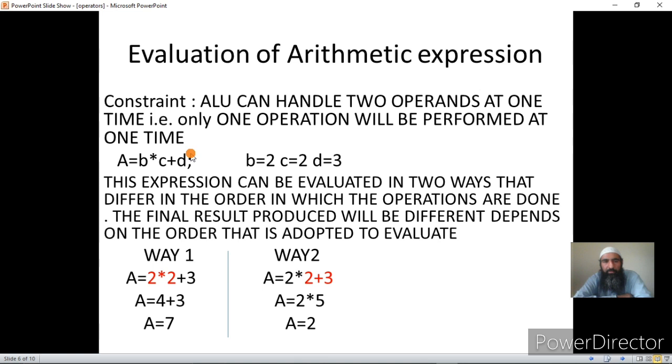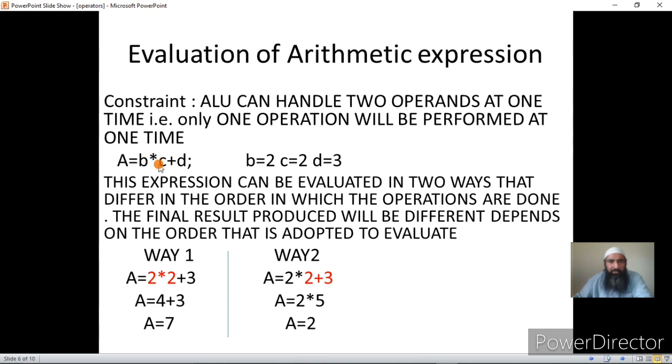There is one important constraint that is essential to remember so that we can understand how the arithmetic expressions are evaluated, or the order in which the operations are performed. The constraint is that the ALU can only do one operation at a time.